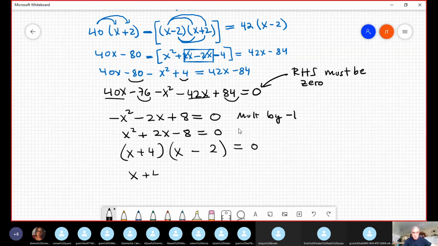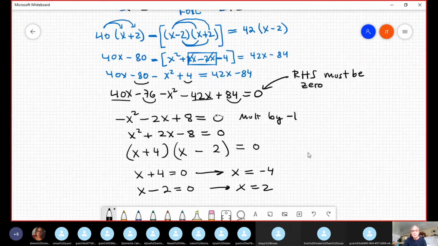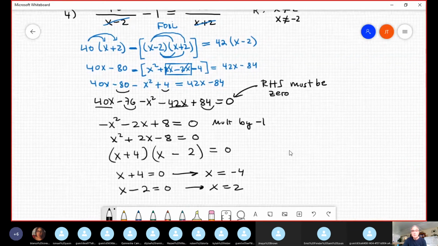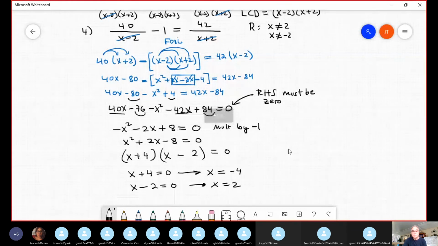One solution is this, is -1. And another solution is this, is positive 2. Almost, I finished. I come back to the beginning now. And remember the restrictions.